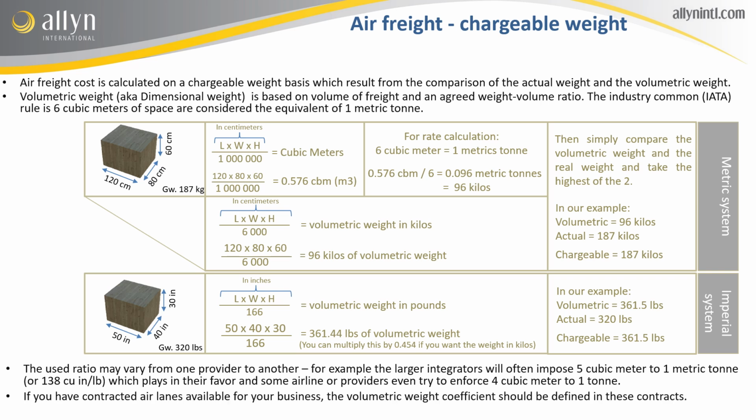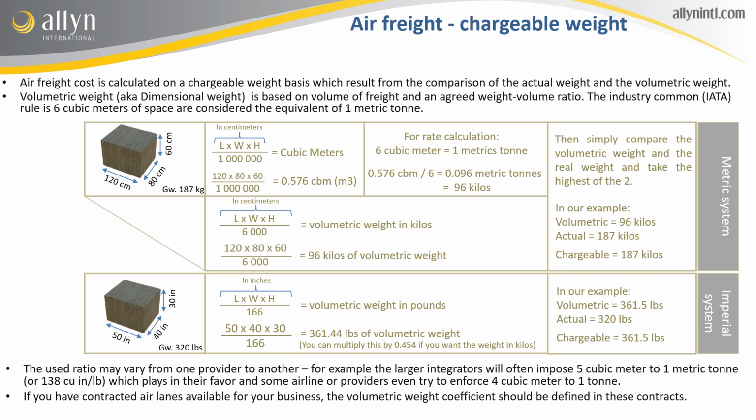If you have contracted air lanes available for your business, the volumetric weight coefficient should be defined in these contracts. Please note that depending on your contract or spot quote, in most cases, the volumetric weight rule would also apply for the calculation of pre-carriage and on-carriage charges.